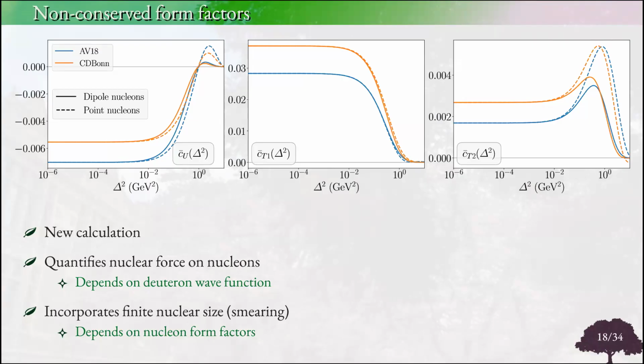Differences between the orange and blue curves. But this also incorporates the finite nucleon size. Basically, it's smeared out over the entire nucleon, and as such is also sensitive to the nucleon form factors. These solid curves use the same dipole-like form factors that we borrowed from He and Zahed, and these dashed lines use point-like form factors. So there's sensitivity there.